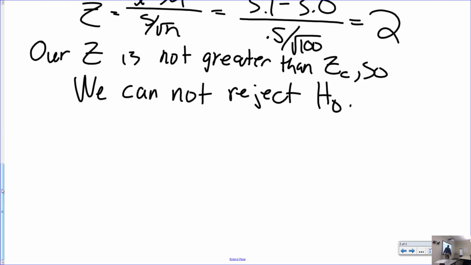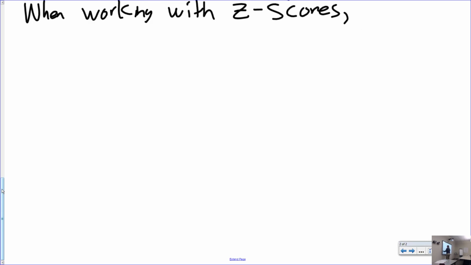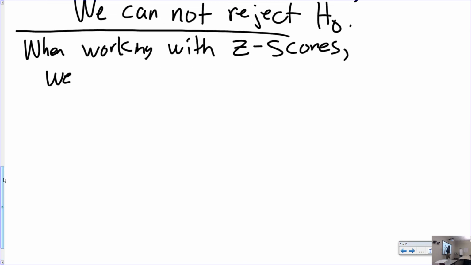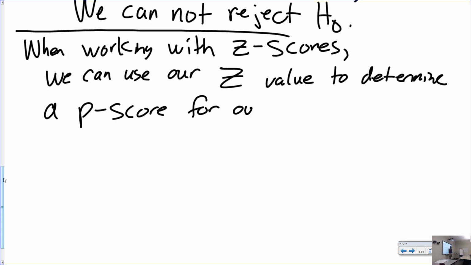So there's a minor value that we can work with in here. When you get to work with z-scores, folks, a standard parameter that people calculate, we can use our z-value to determine a p-score for our sample.